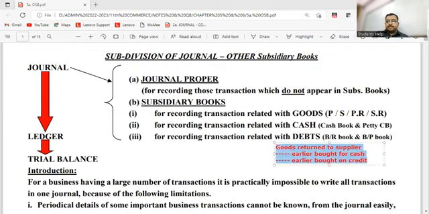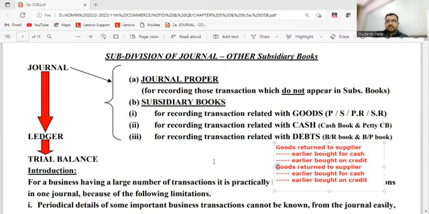Similarly, assets returned to supplier, earlier bought for cash or bought on credit.